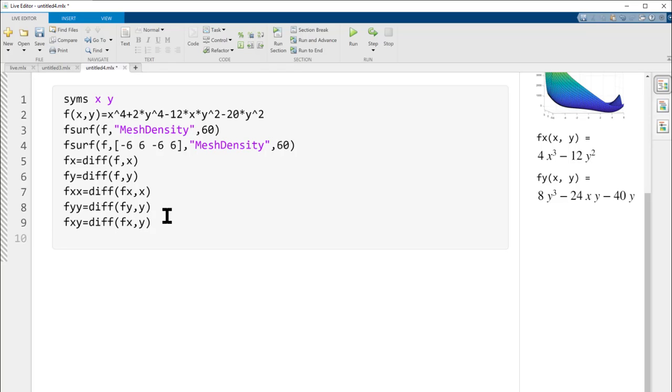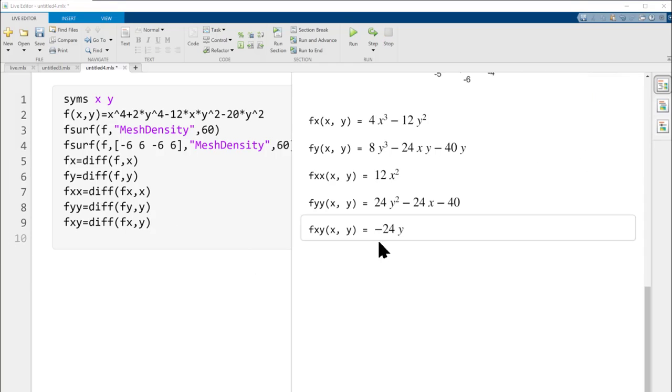And let me again just do Control Enter. And here we have the partial derivatives and the second partials.